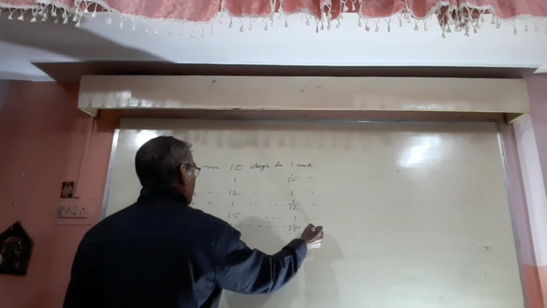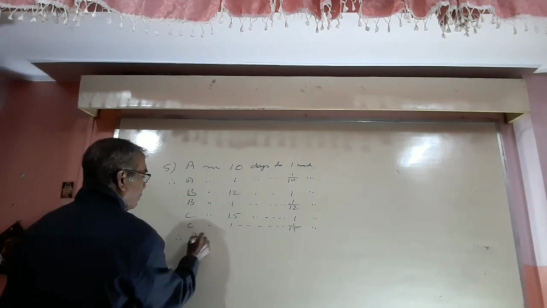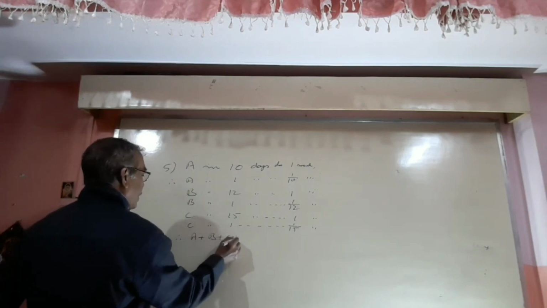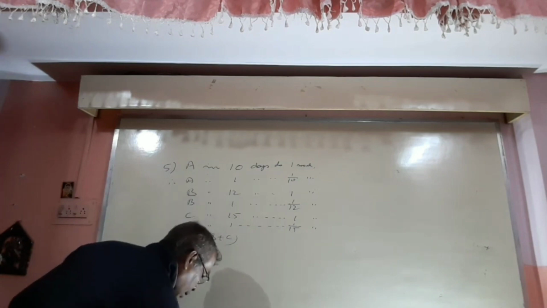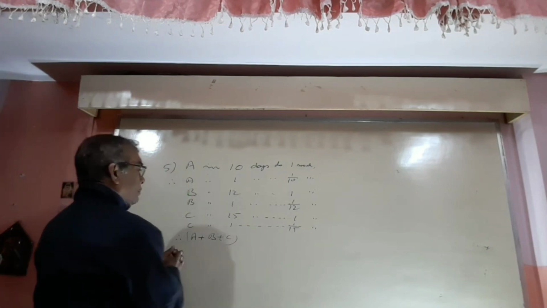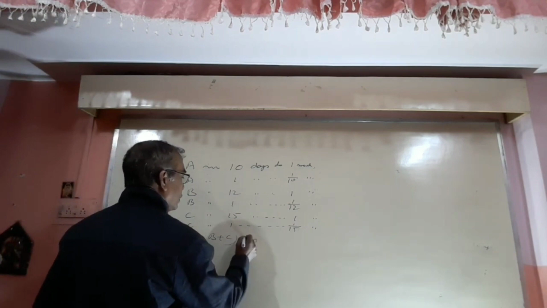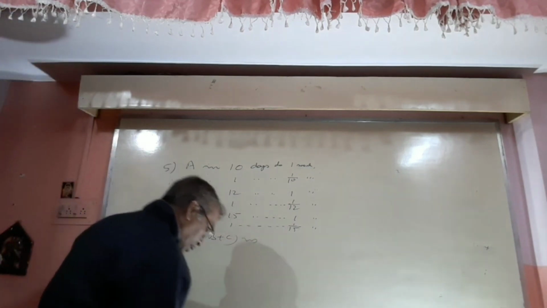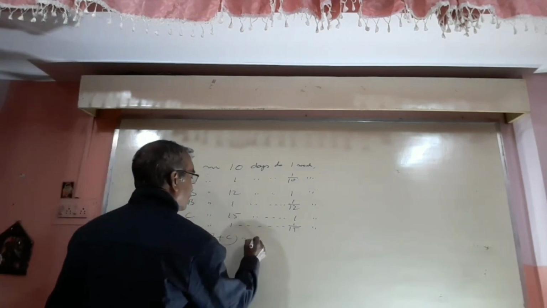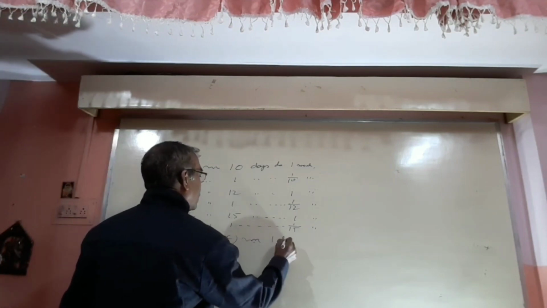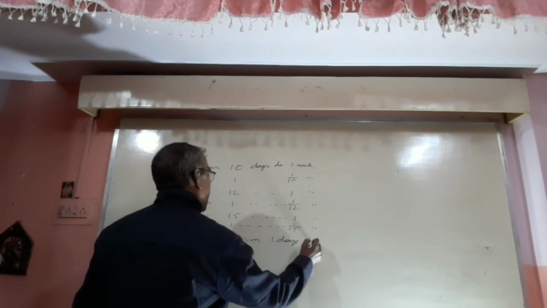1 by 15 work. So therefore A plus B plus C in 1 day do how much work?